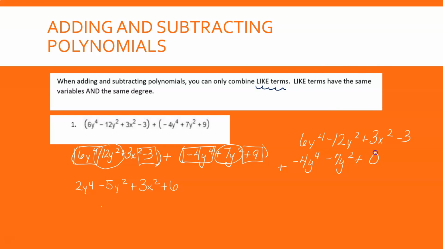There's nothing here, so I'm going to fill with a 0. And then that way. I like this right here, but everybody has their thing. So this is 6. This is 3x squared. This is negative 5y squared. And this is 2y to the fourth. Same thing, different way of going about it.